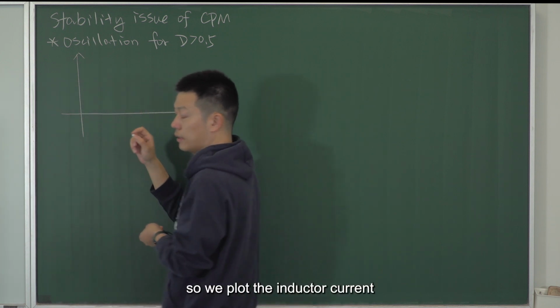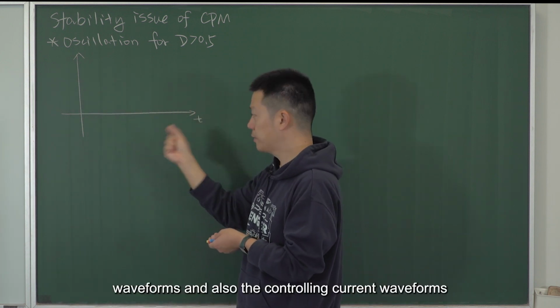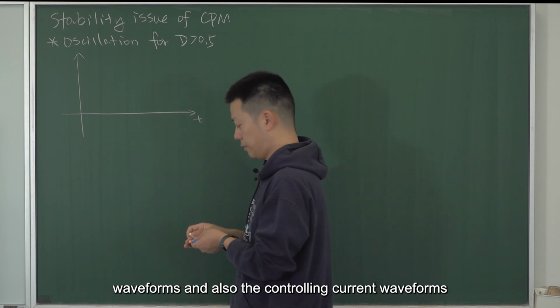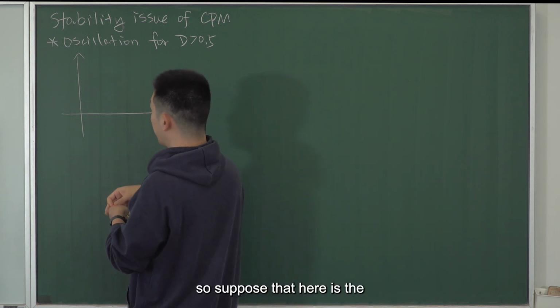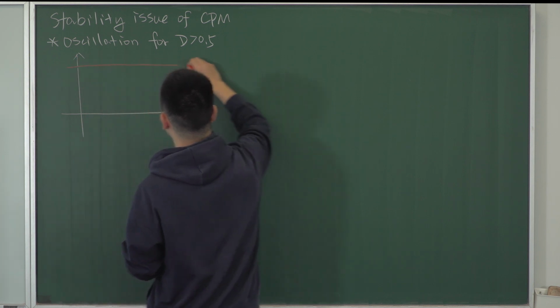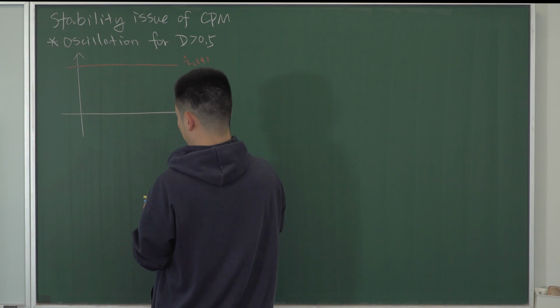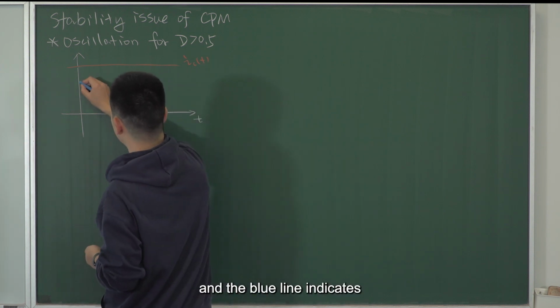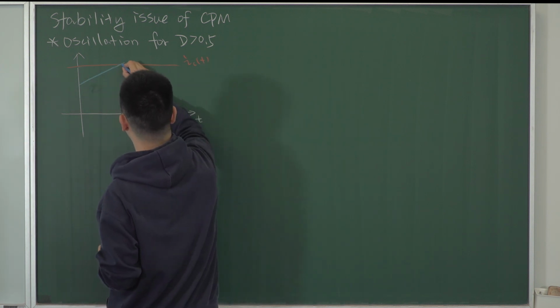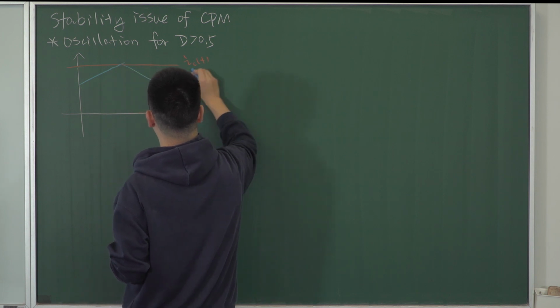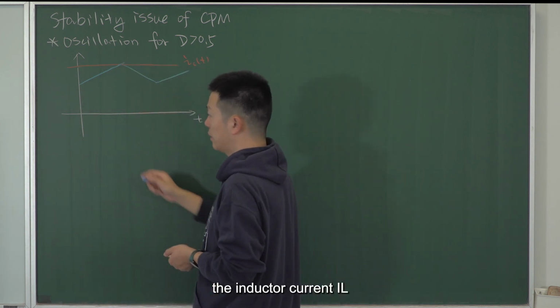So we plot the inductor current waveforms and also the controlling current waveforms. Suppose that here is the controlling current, IC, and the blue line indicates the inductor current, IL.